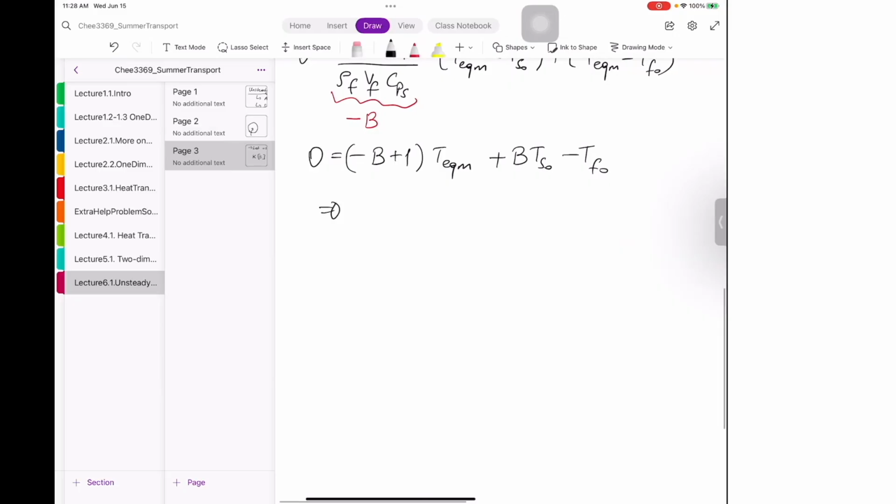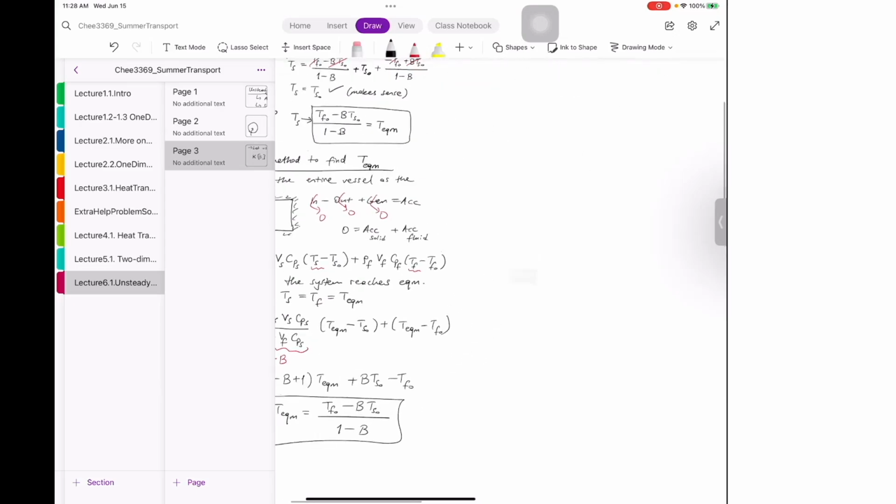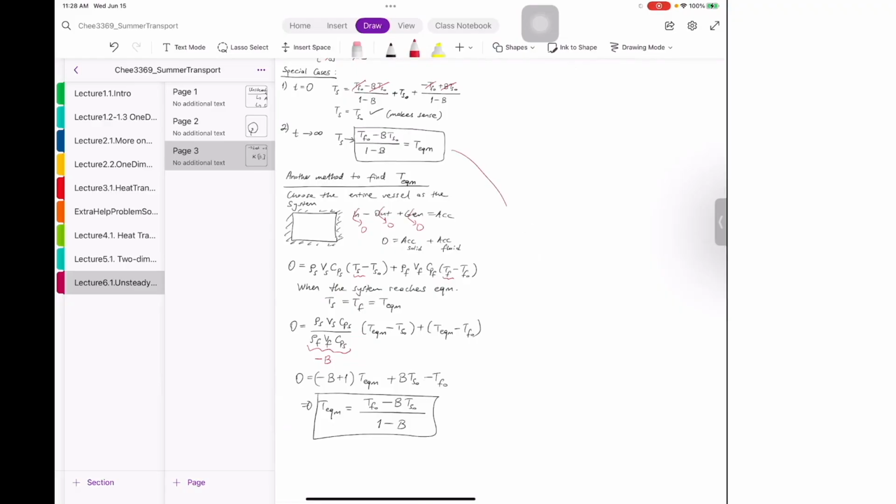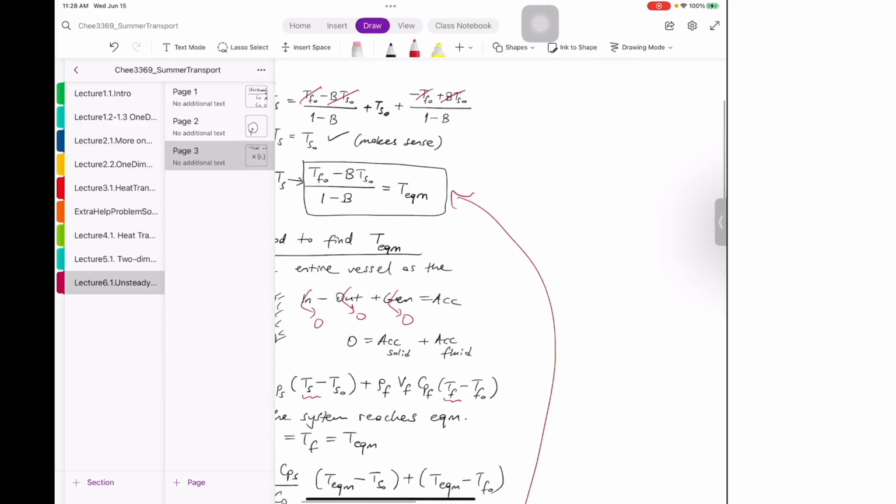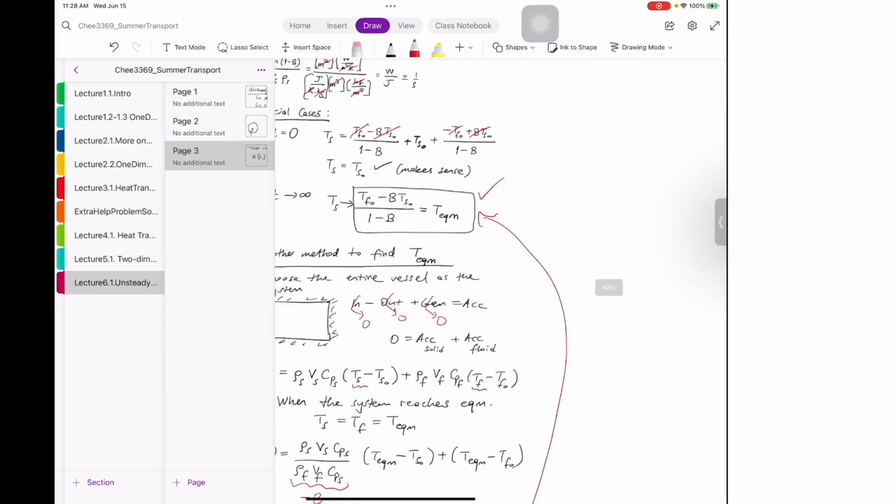And from here, if you solve for T equilibrium, you will find that T equilibrium is Tf0 minus B Ts0 divided by 1 minus B. And it's exactly the same thing as this. Okay. So this makes sense. So I actually obtained the expected equilibrium temperature. Okay. Any questions so far?